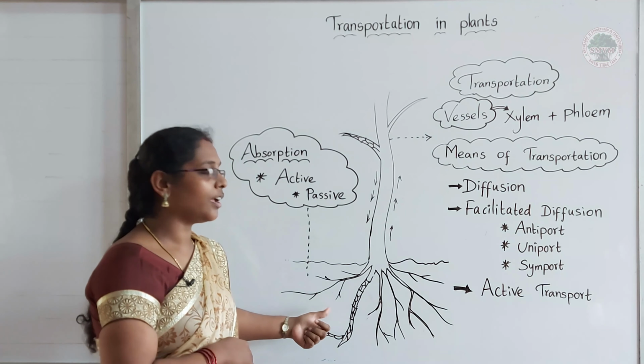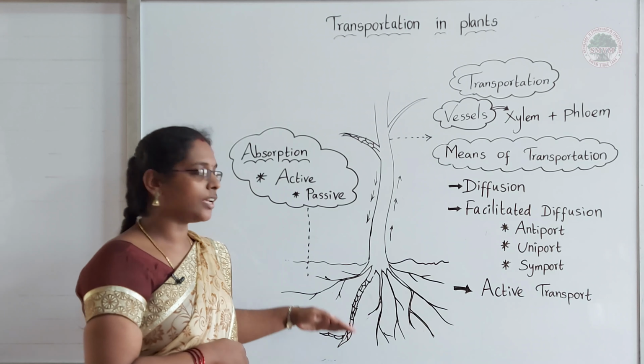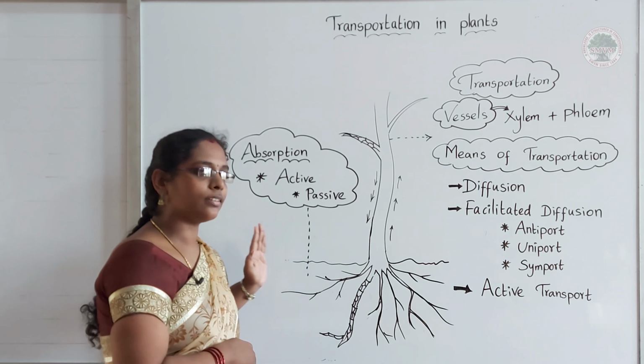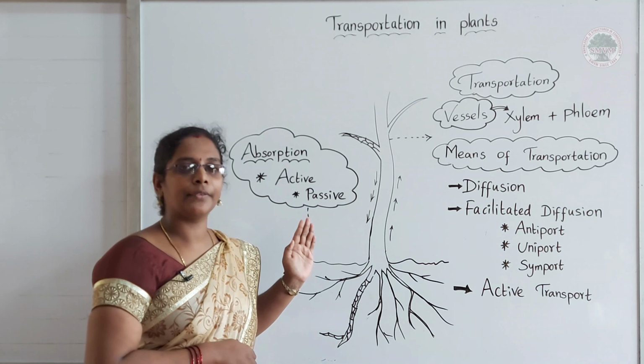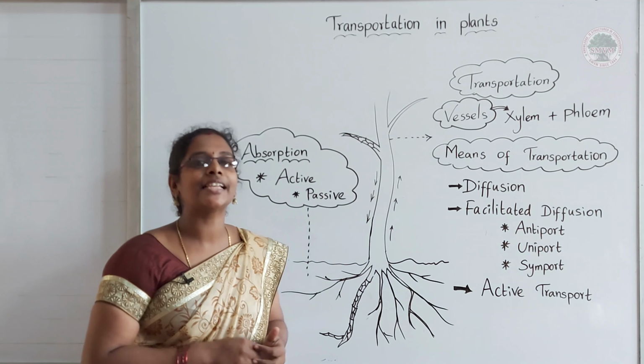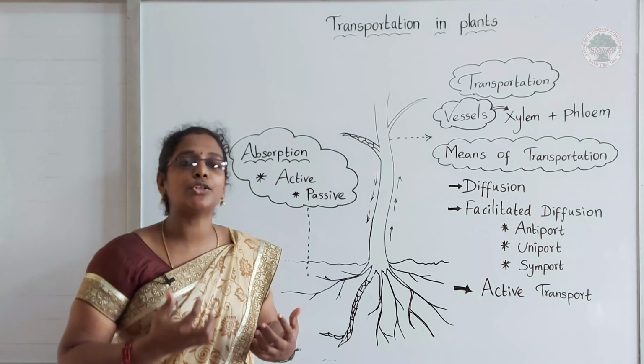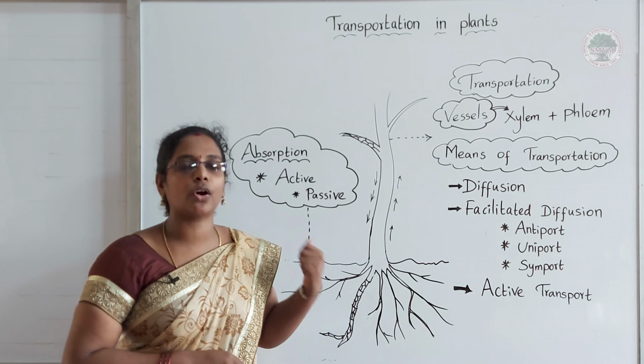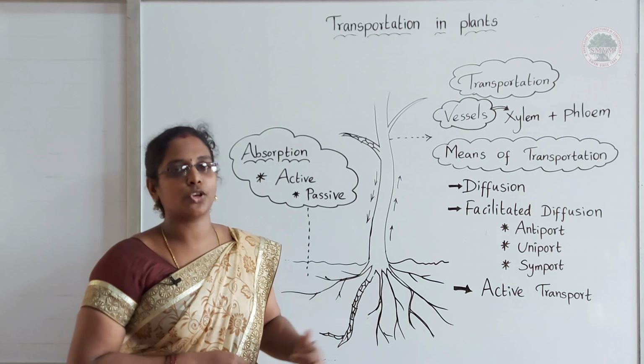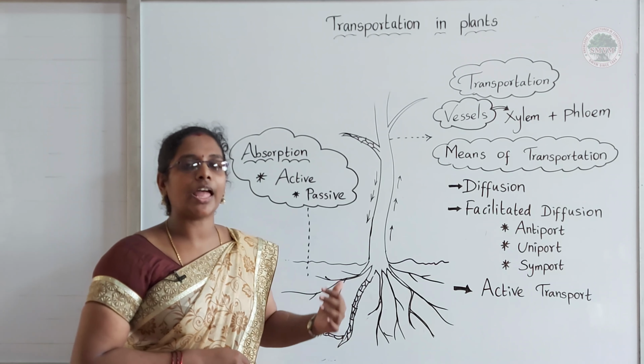Through diffusion and osmotic pressure, the water is pushed inside. This process is called active absorption, because the cell needs to work a lot. That's why we call it active absorption.